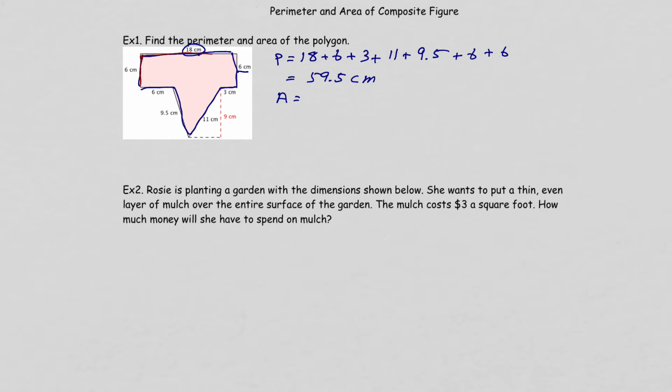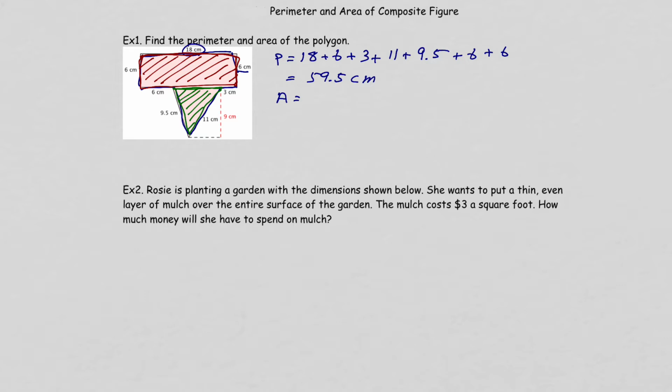Now, when we're looking at the area, like I mentioned, you're going to have two different shapes that you're adding. So this is the rectangular shape you have, plus you have a triangle. If we can find the area of these two shapes and add them up, that's going to be the area of the given shape.